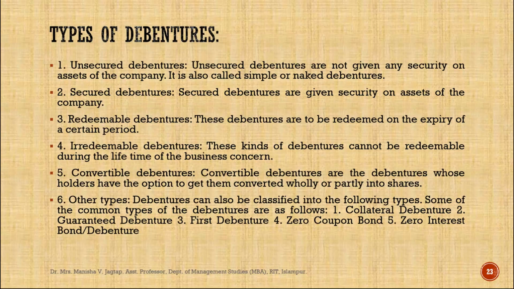Debentures can also be classified into the following types. Some of the common types are collateral debentures, guaranteed debentures, first debenture, zero coupon bond, zero interest bond, or debenture. So, as per the requirement, a firm can issue any type of debenture.